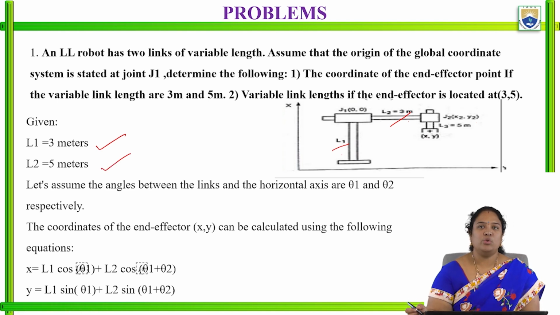Now let us assume that the angles between the links and the horizontal axis are theta 1 and theta 2.